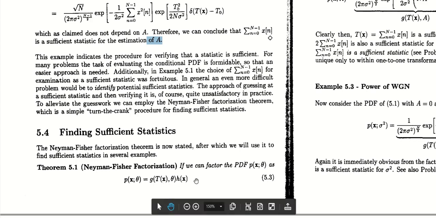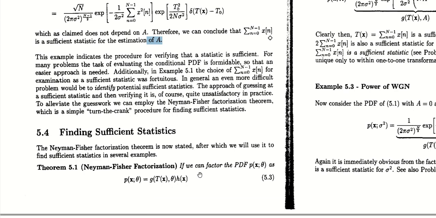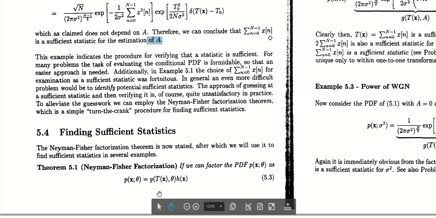So what that means is the PDF is separated. The PDF separates the data and the unknown parameter. They don't interact with each other in the PDF. Then we will say that T of x is a sufficient statistic.